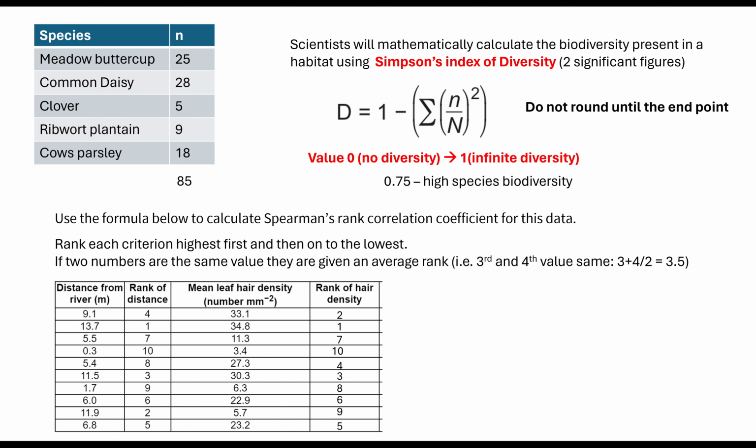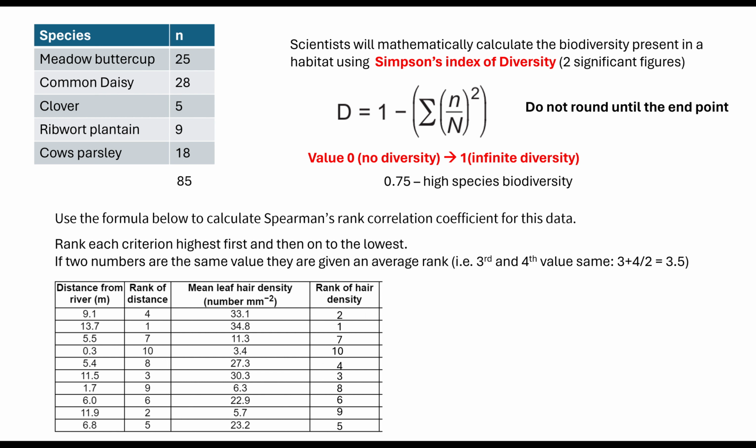In this case, they've done some sampling and looked at the distance from a river, and at the mean leaf hair density of the organisms they've sampled. What they expect you to do is rank each criterion from the highest first on to the lowest. So number 1 is the highest, number 10 is the lowest.